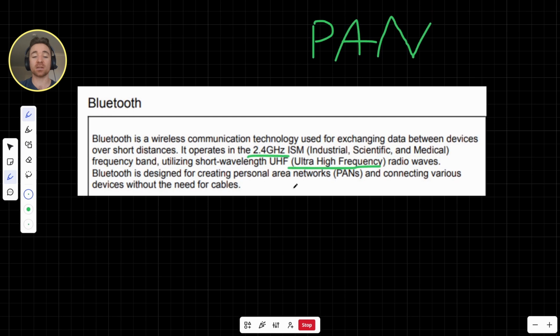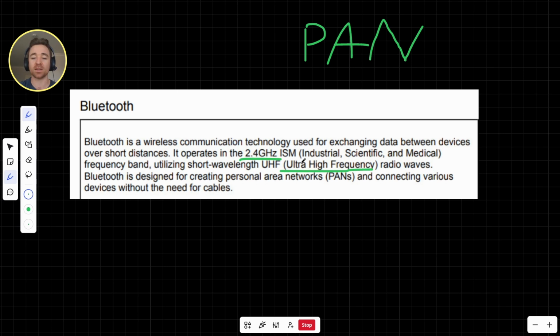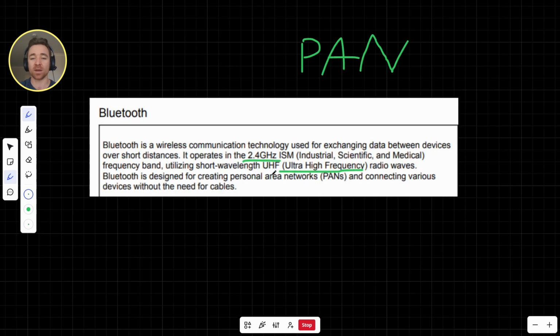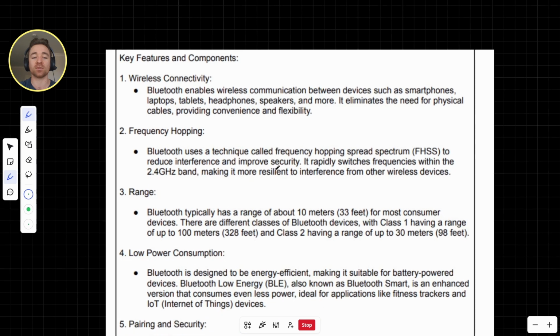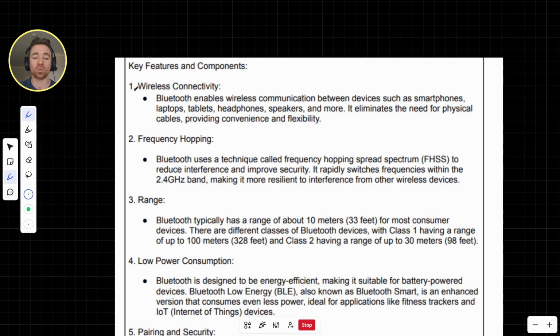So basically, it operates on 2.4 gigahertz, but it's not as susceptible to interference as the other things that operate on 2.4 gigahertz, because it's using a very specific frequency band. We know that it gives us wireless connectivity. We don't need wires if we're using Bluetooth. And here's the key: frequency hopping.